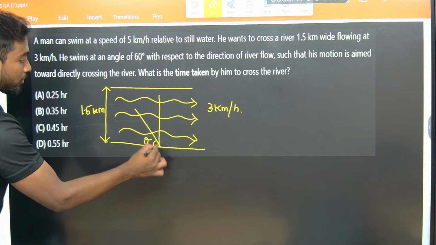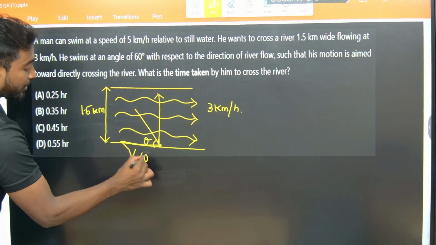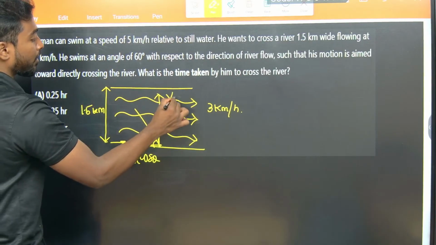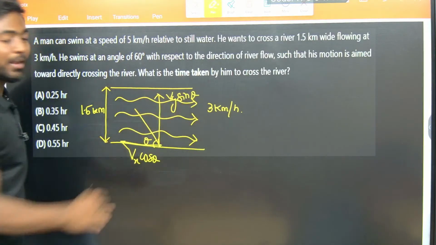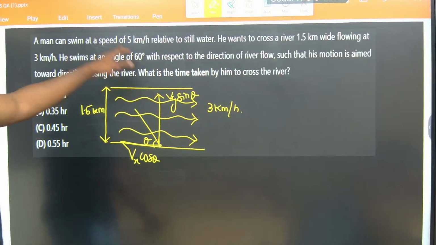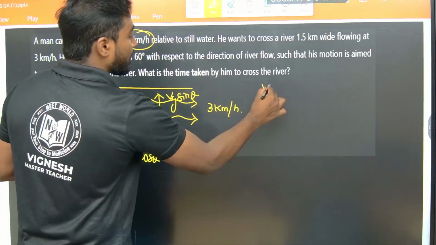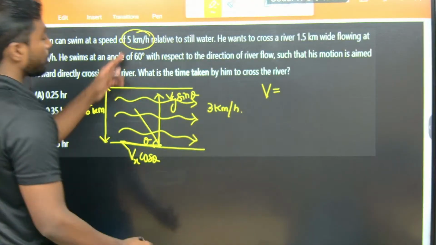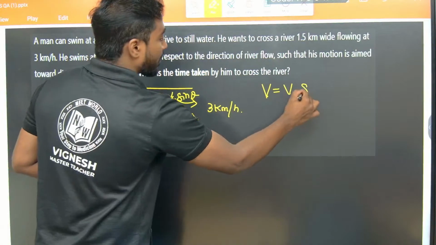So this is V cos theta and this will be my V sin theta. Now what about the speed of 5 kilometer per hour? The crossing velocity should be V sin theta.